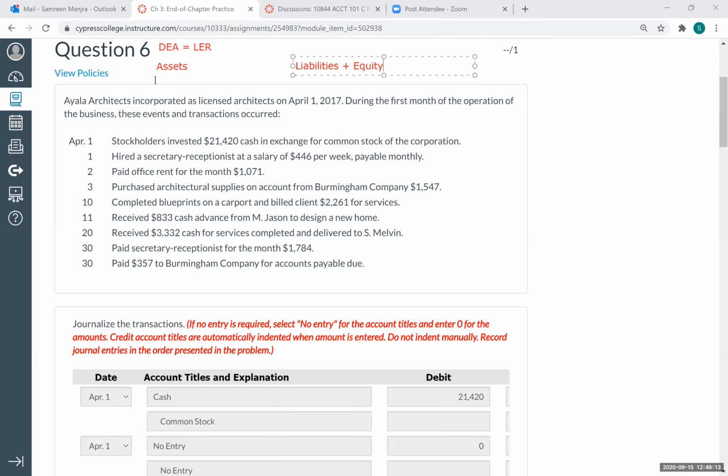With our debit and credit rules, assets increase with debits. On the opposite side, our liabilities and equity increase with credits because those are on the opposite side of the accounting equation.